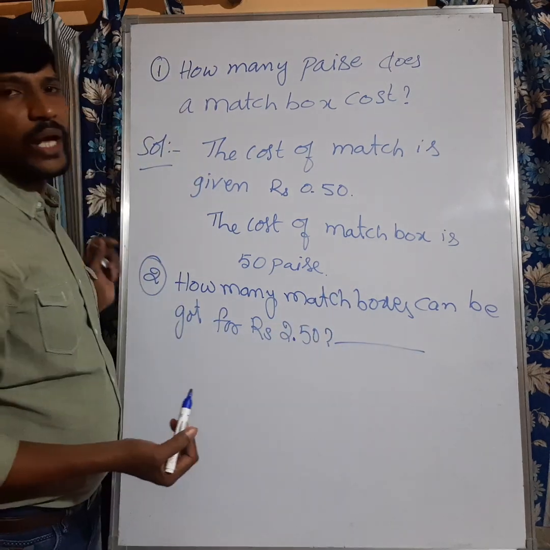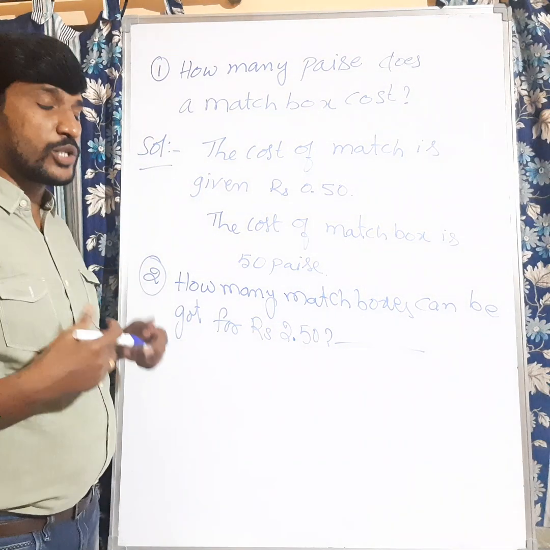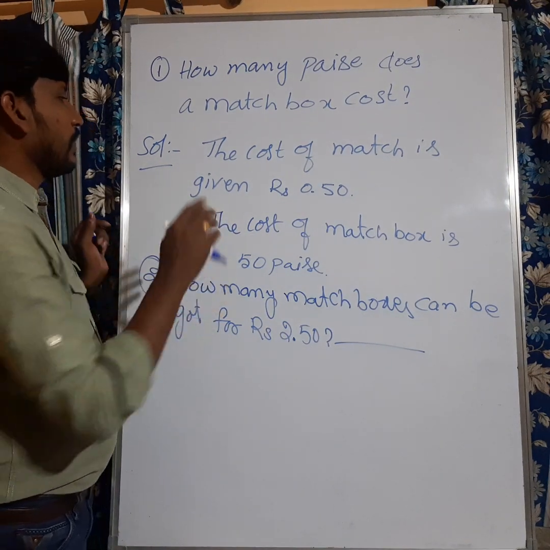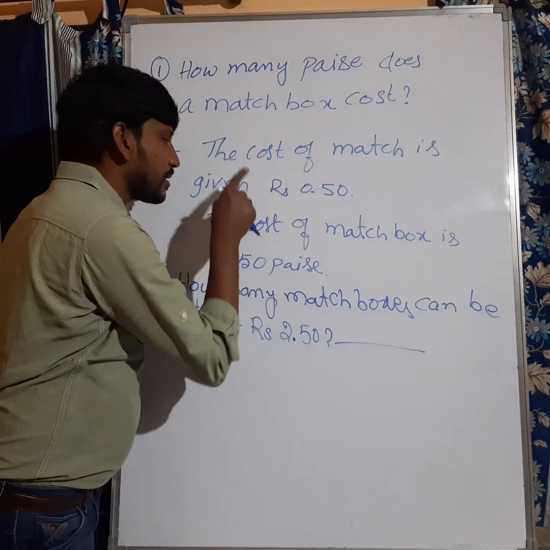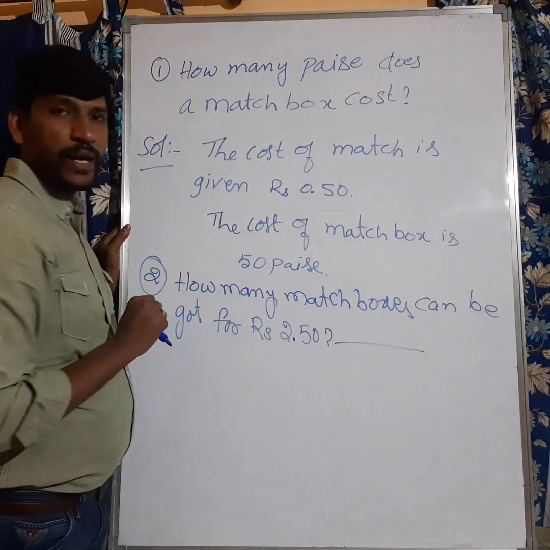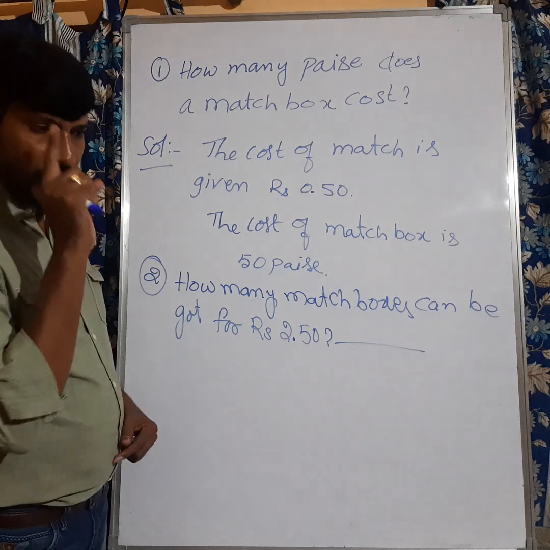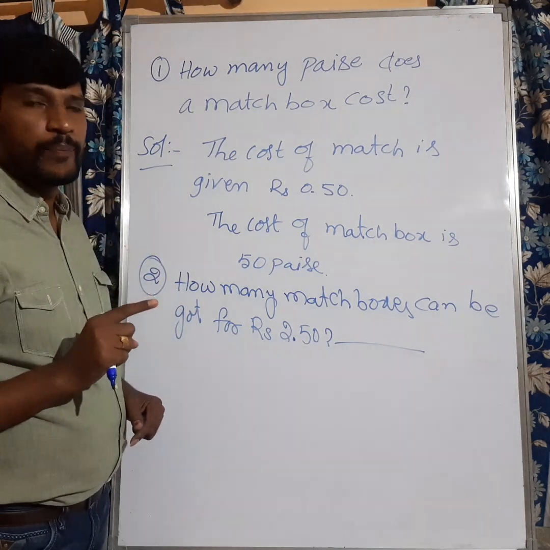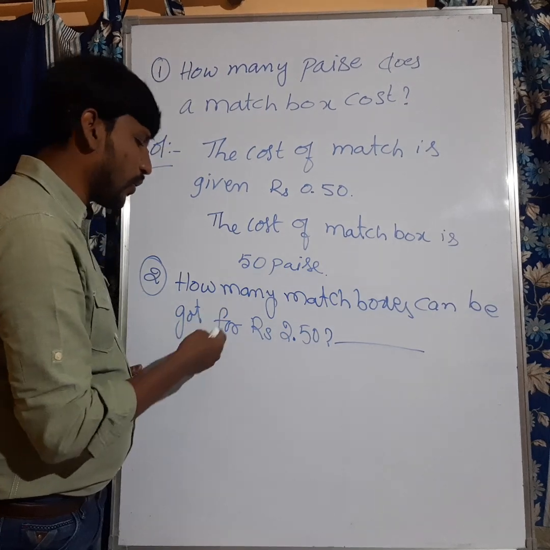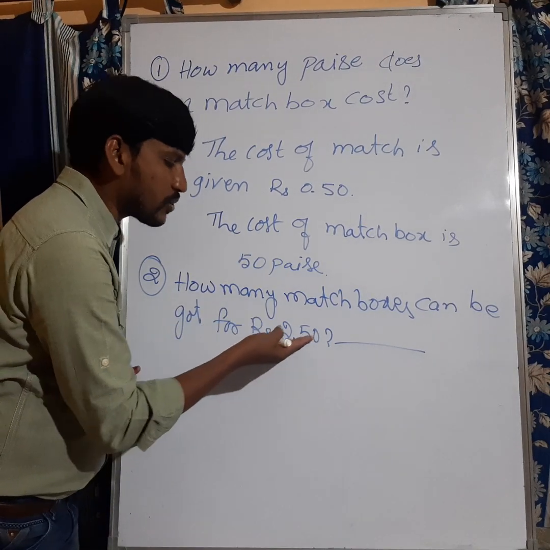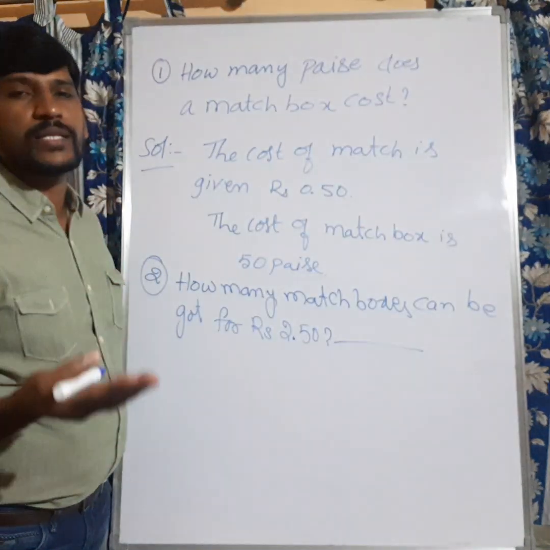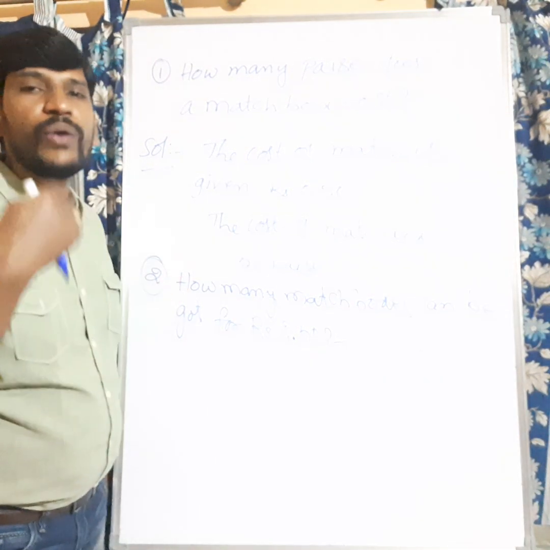How many matchboxes are we going to find out? How many matchboxes will we get from the shopkeeper? See, the cost of one matchbox is rupees 0.50, that is 50 paise. For one matchbox equal to 50 paise, how many matchboxes can be got for rupees 2.50?